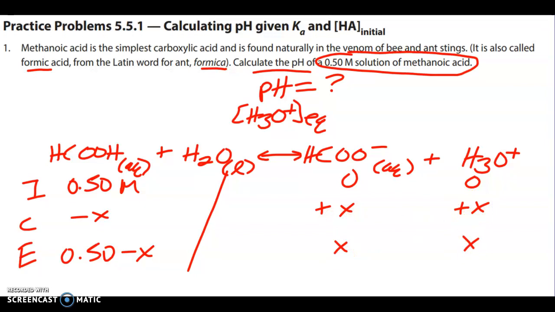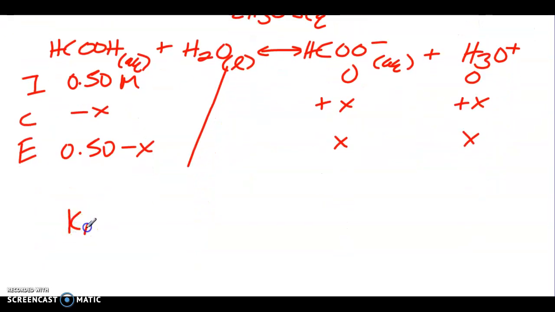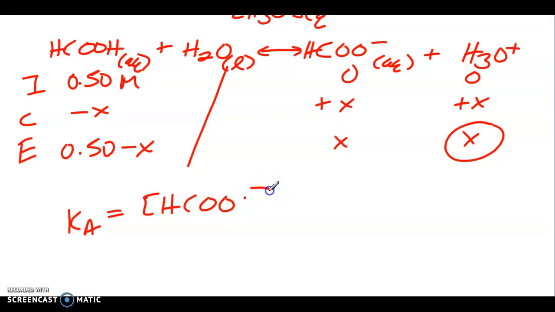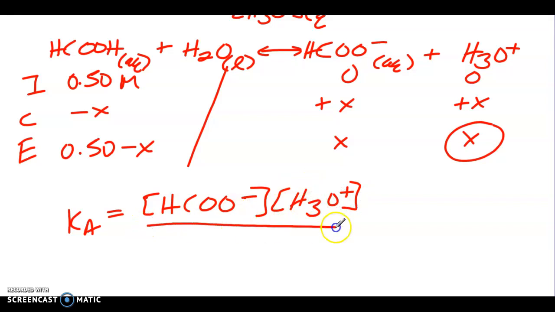So now we're going to set up our Ka expression. So essentially, when we want to solve for x to get pH, we have to get x at equilibrium to determine what our pH value is. So we're going to have HCOO negative 1 times hydronium over our original weak acid, right? So the Ka value, you can look this up.